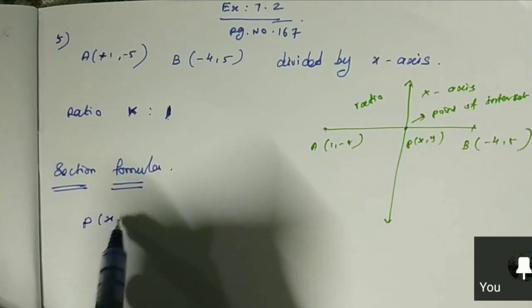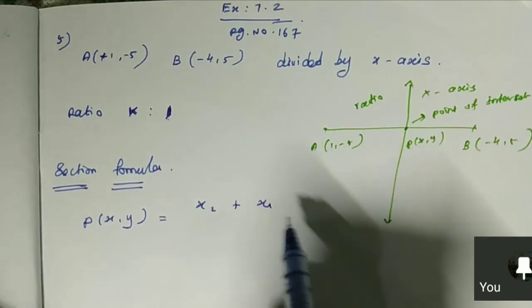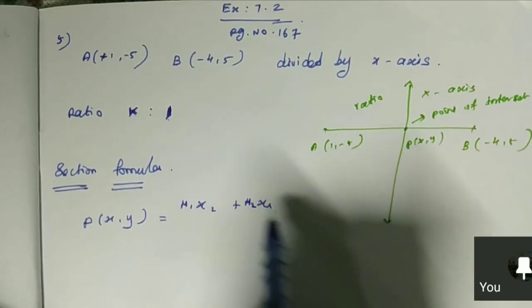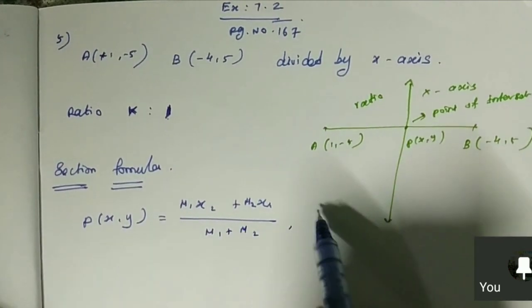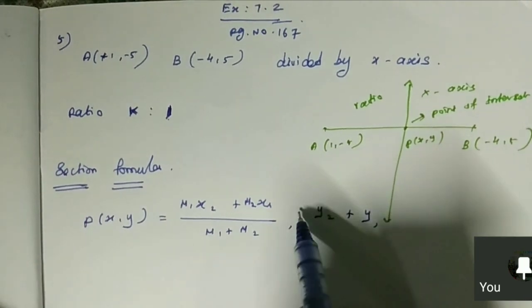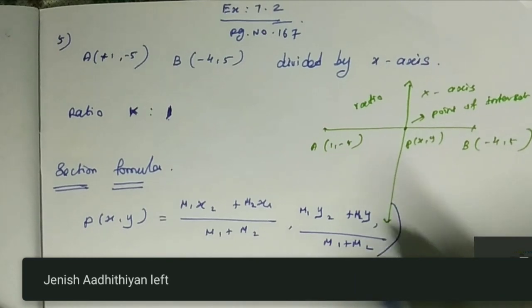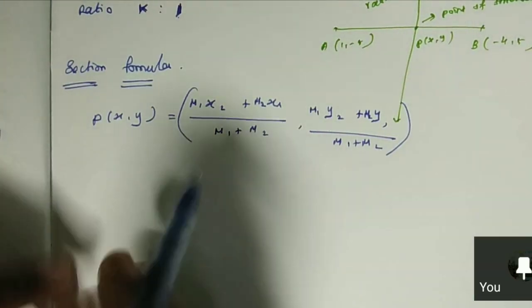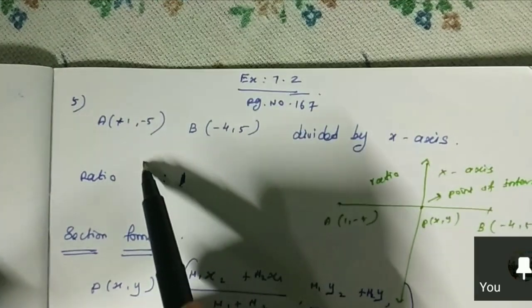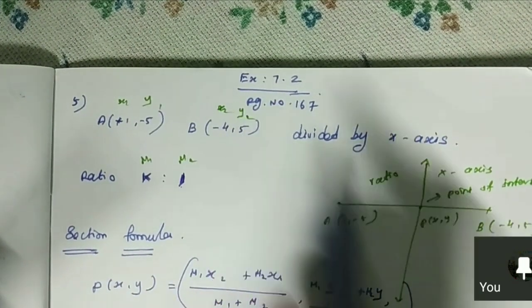The section formula says P(x, y) equals ((m1x2 + m2x1) divided by (m1 + m2), (m1y2 + m2y1) divided by (m1 + m2)). Any doubt? Now we can substitute the values. Here we have m1, m2, x1, y1, x2, y2.